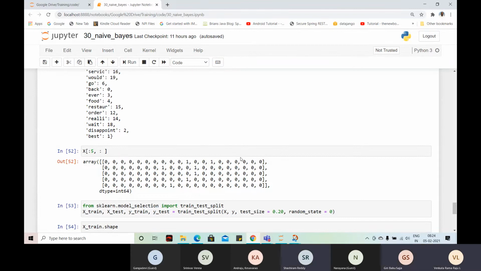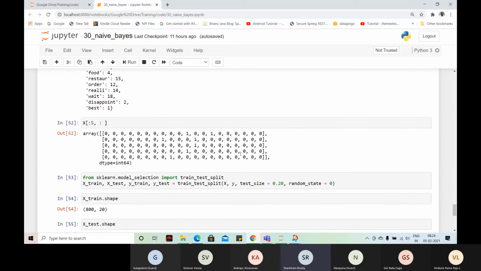Before converting into numerical, we can say there may not be a strong relation. When somebody is writing a review, the language, English, may be the same, but the way we express may be different. I may say, I love the food, I love the place, but you may say, I like the food, or the dosa is very good, or maybe idli.